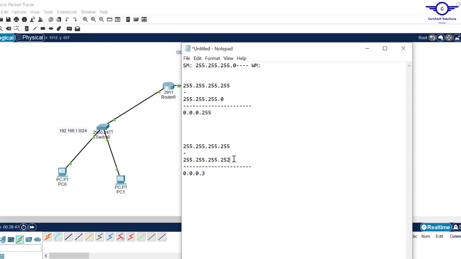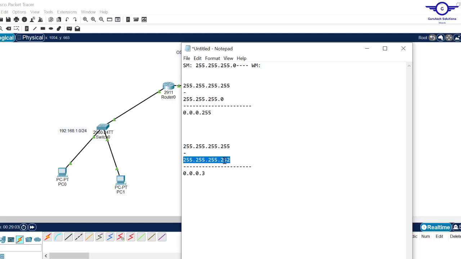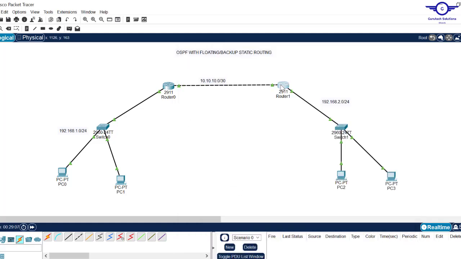So how do we get the inverse mask? Well, wildcard mask is the full subnet mask minus the subnet mask in question. Remember, our subnet mask in question is this one. So that's how we get it.